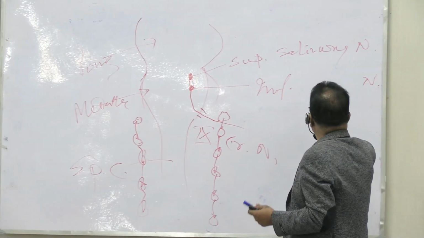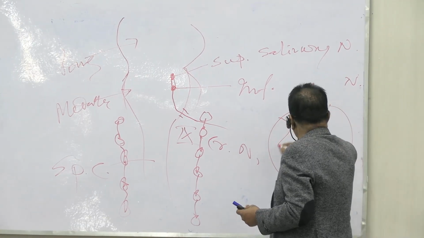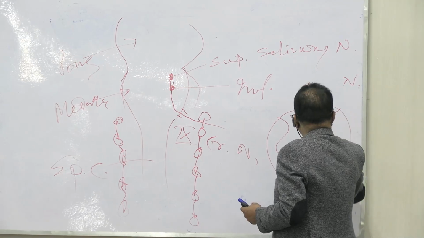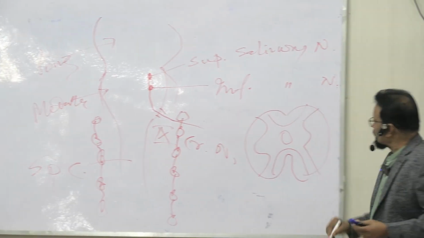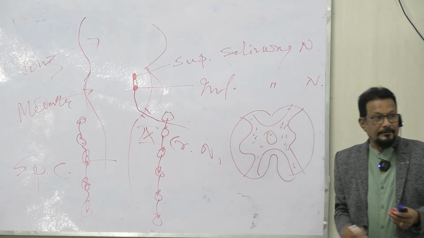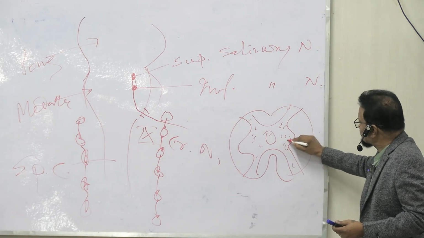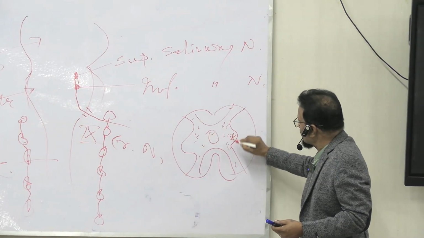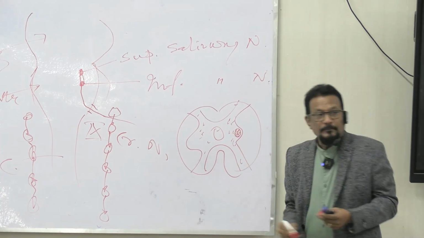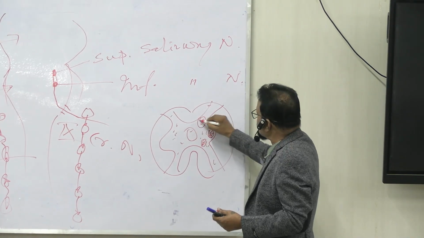If I take a cross section of the spinal cord, it will look like this: gray matter, and these are white matter. And there are some cells. These cells are called lateral horn cells, LHC. Similar cells are also here: anterior horn cells, posterior horn cells.